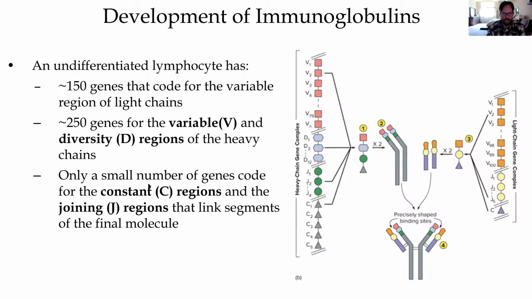Whereas your constant regions really don't have a whole lot of genes because it's constant. It doesn't need to expand itself to all these different possible antigens that are out there. And we said there are billions of antigens, so you have to have a vast system to be able to get that variety that you need, okay?